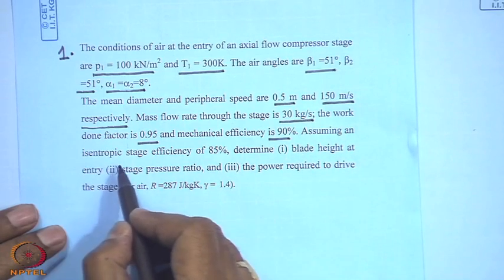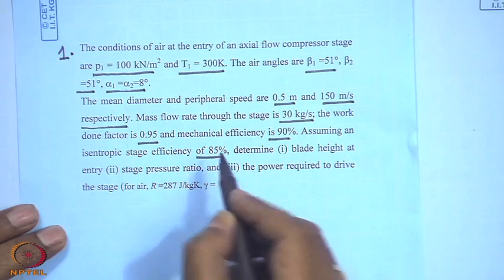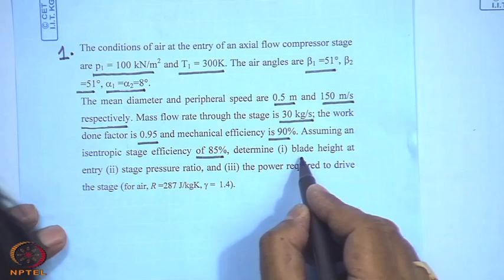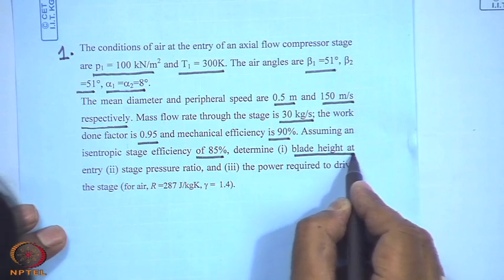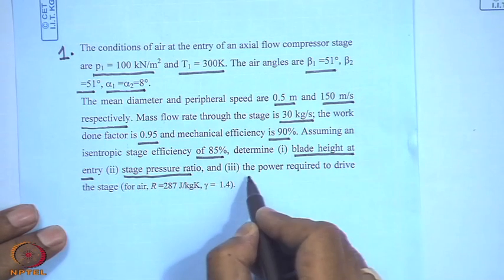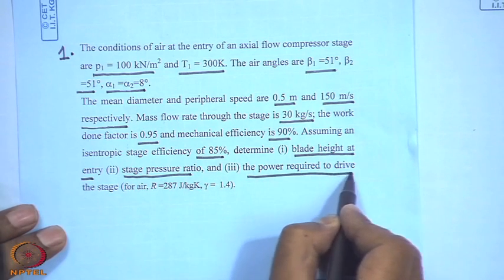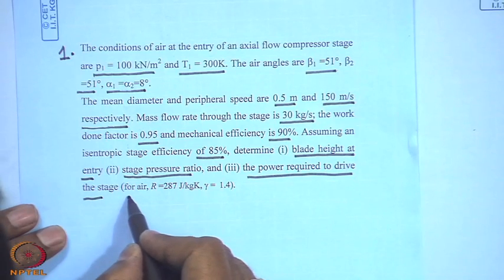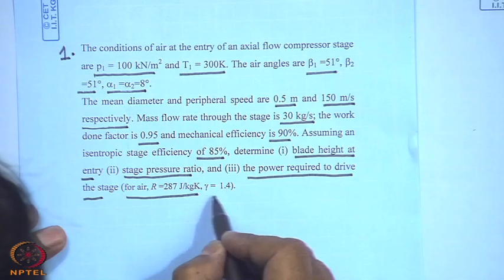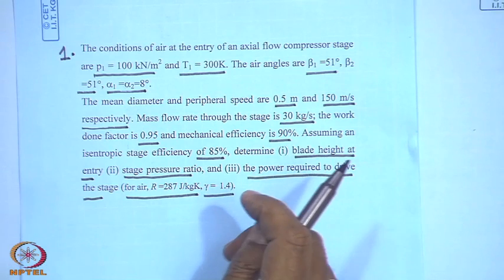Assuming an isentropic stage efficiency of 85%, what are to be found out? We have to find out blade height at entry, stage pressure ratio and the power required to drive the stage. For air, the characteristic gas constant is 287 joule per kg K and the ratio of specific heats is 1.4.